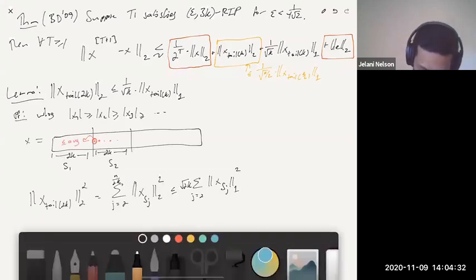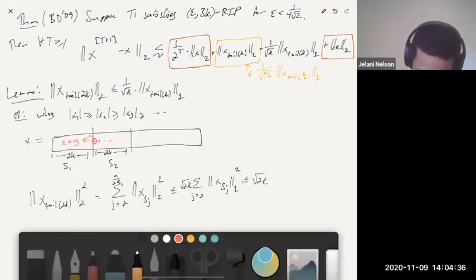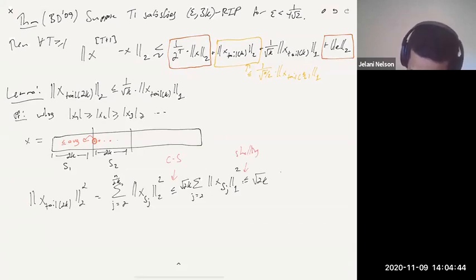So this is at most root 2k, and now this is Cauchy-Schwarz. This is shelling. The sum j equals 2 onward of how many entries are in xsj? There are 2k of them. So 2k times the L infinity norm of xsj squared.